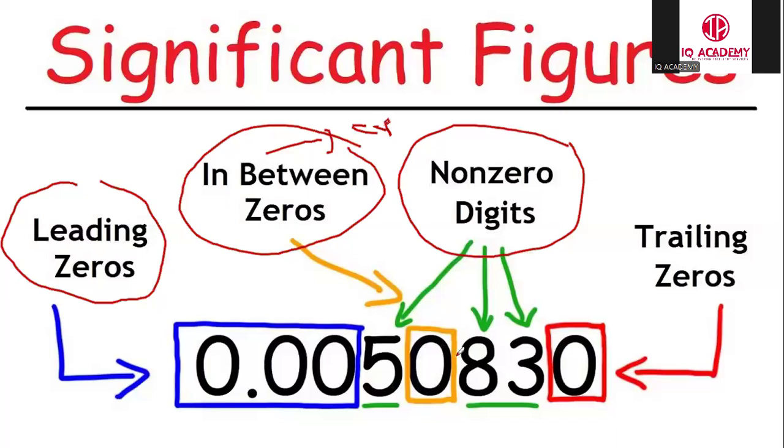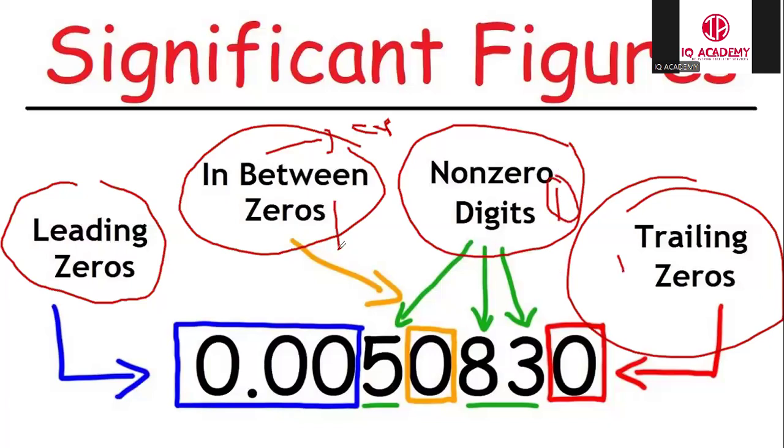It's between 5 and 8, so it's captive, locked between those non-zero digits. And then we have trailing zeros, which means a zero that comes after the non-zero digit. It's important to know the rule that contains these types of zeros, and then you'll be ready to go. So let's look at those rules now, one by one.